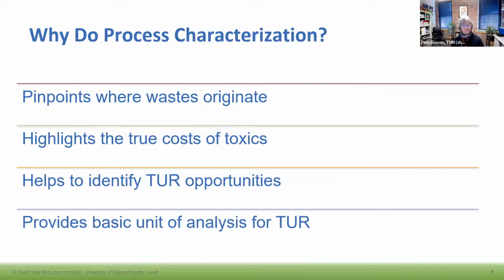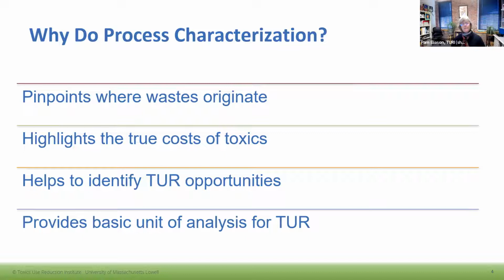So, process characterization. This is what we teach our new planners about why process characterization matters. It helps us to pinpoint where the wastes that may be generated in your process are originating.